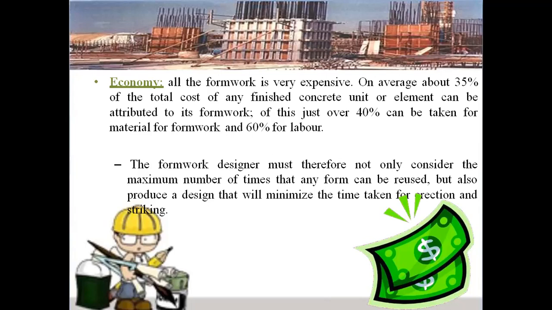So the formwork designer must keep an eye on the manufacturing and placing of these formworks in a manner where the materials can be reused, rather than being used for single constructions, and produce a design that will minimize the time taken for erection and striking.